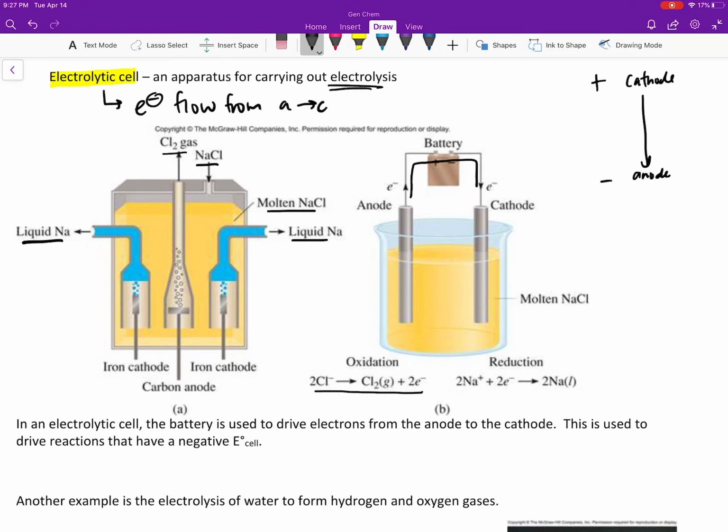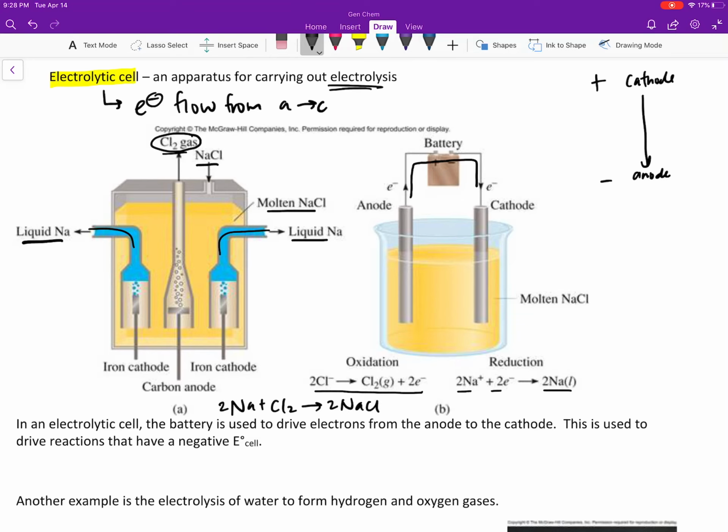They're going to oxidize the chloride anions into diatomic chlorine gas, which is captured by bubbling it out. And the sodium is going to be reduced into liquid sodium, which is pumped out the left and the right. Normally the way this works is you take solid sodium, bubble chlorine gas over it, and you form NaCl salt.